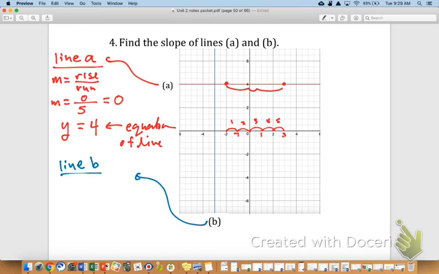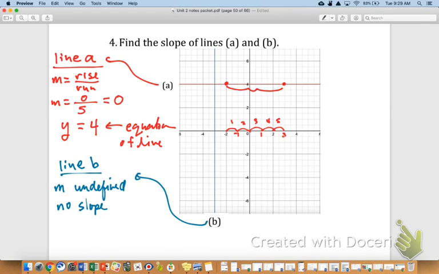Then what about the blue line? What do you guys think there as far as that slope goes? Any guesses, educated guesses? What do you think, Sophia? I don't know if this is right, but isn't it undefined or something? Sophia says undefined. Okay, what else? Bree says there's no slope, like you can't have slopes. Okay.